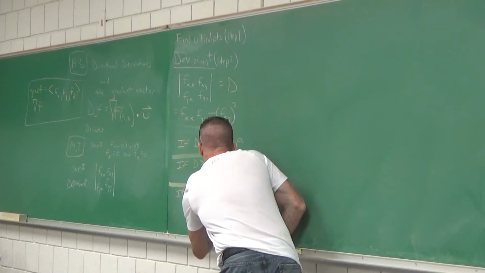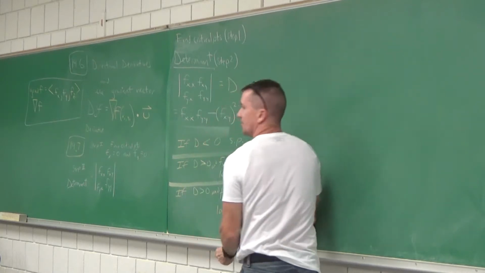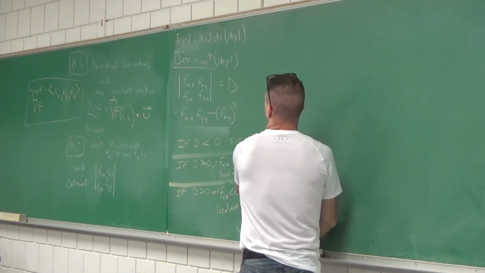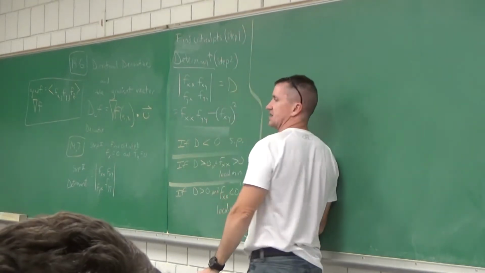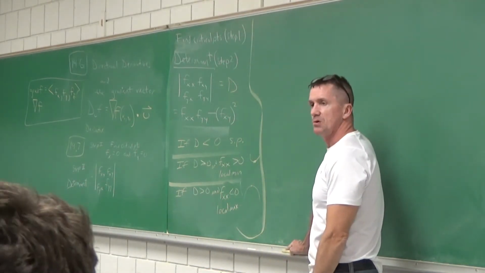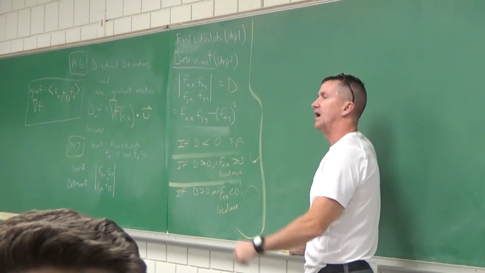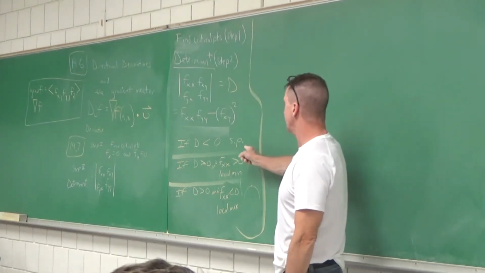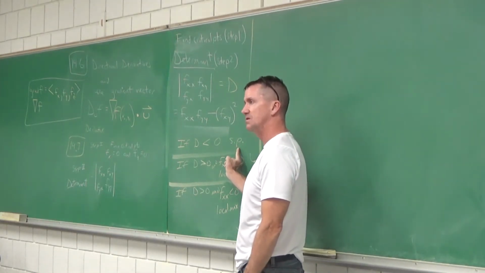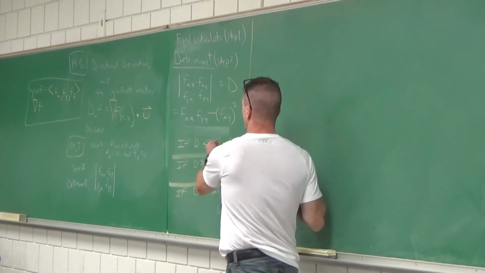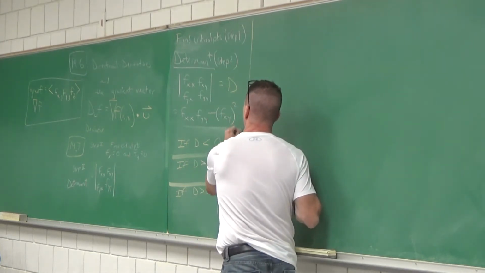Or if you don't like the word local, you can think relative max. That's a summary of section 14.7, and this is how we'll find our maximums, or we might find some saddle points, which I put as SP.